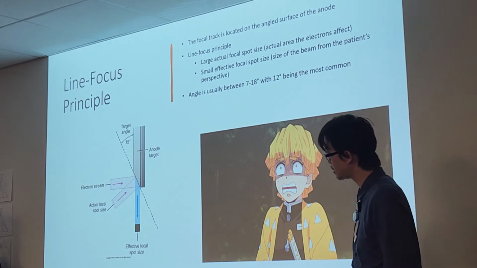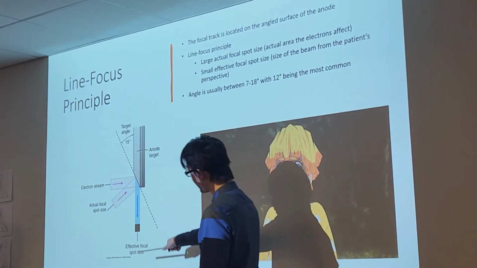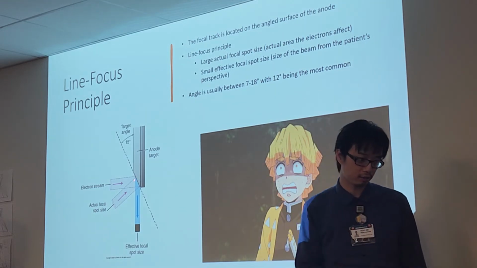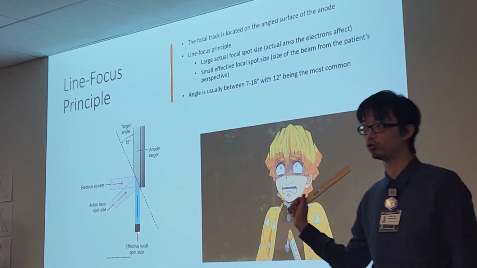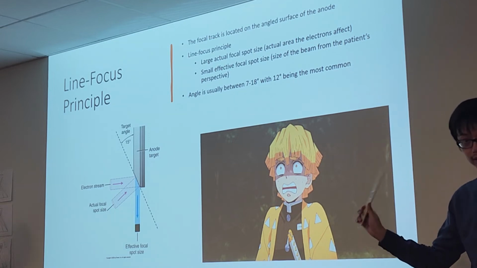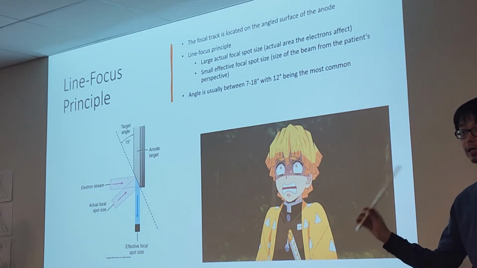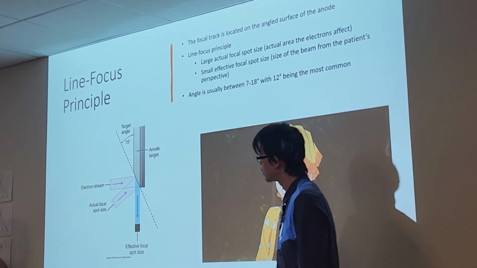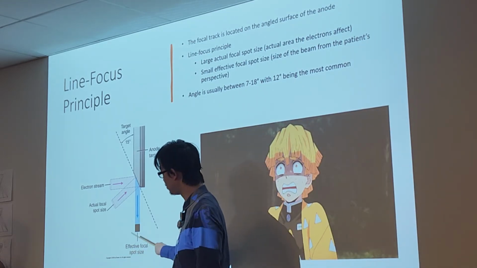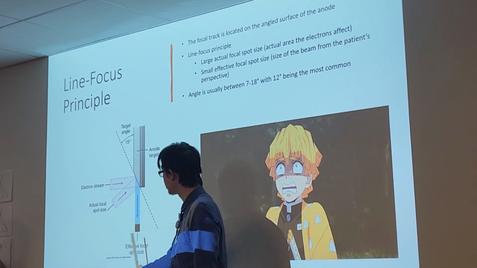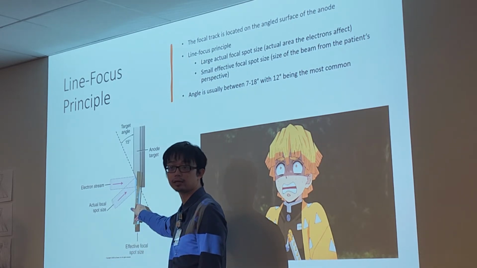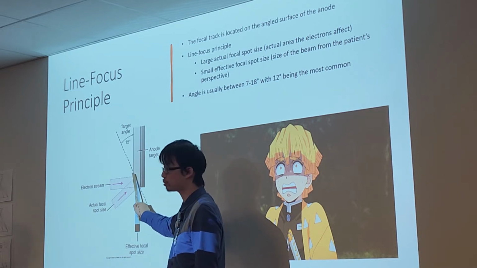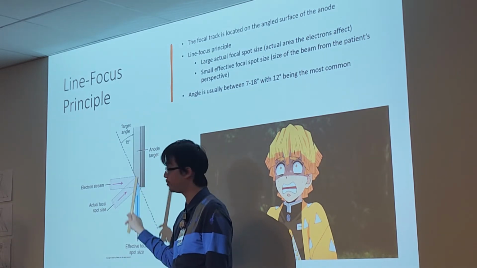At the same time, we take a look at our effective focal spot size. I'll give you a little preview. Effective focal spot size determines the sharpness of your image, how clear your image looks. Imagine the patient's down here, looking straight up at this target. The area they see is their effective focal spot.